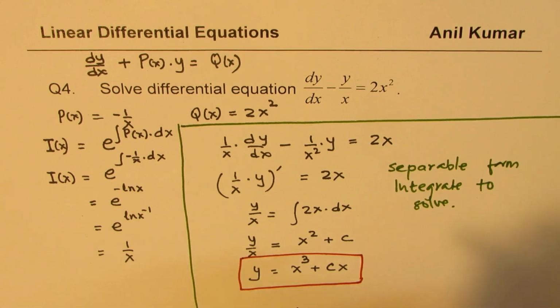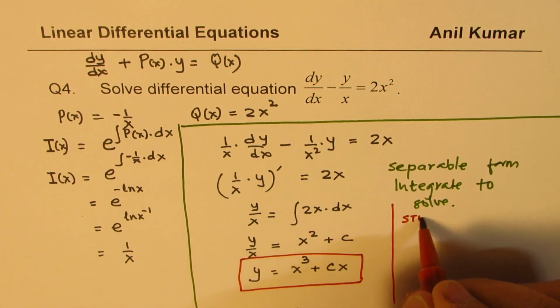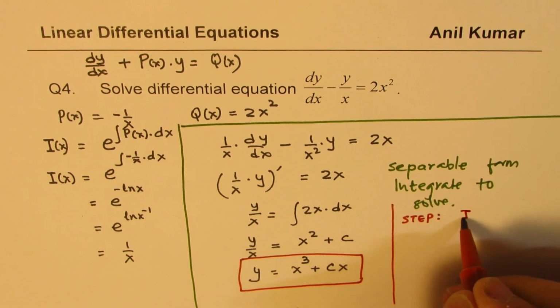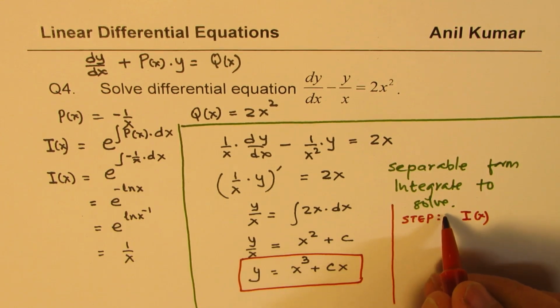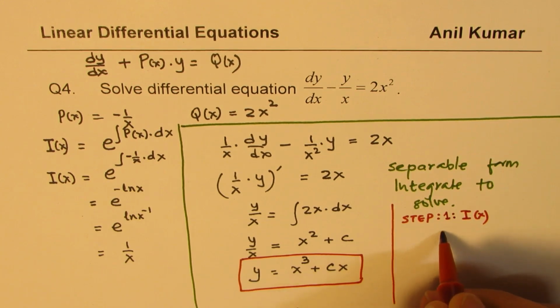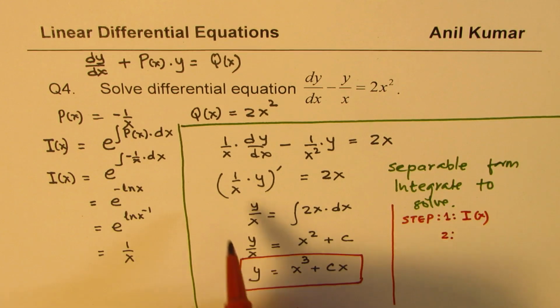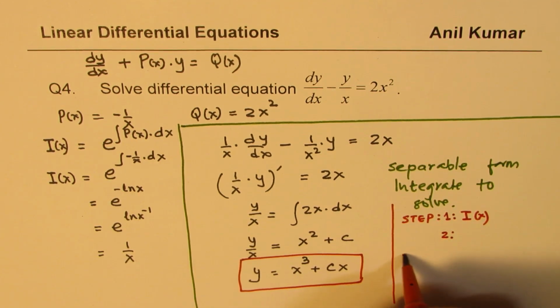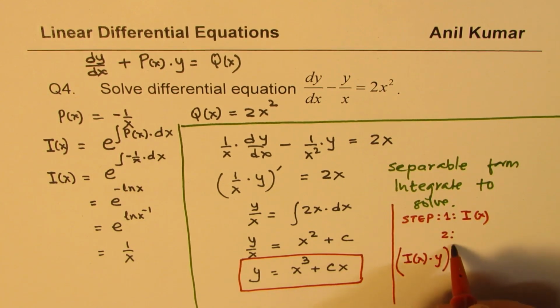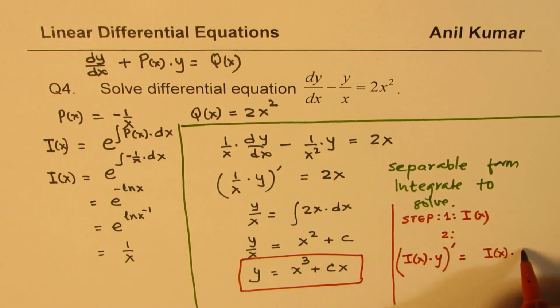So I hope the steps are absolutely clear, right? Step 1 for you is to find the integrating factor. That is the first step. Then step number 2 is to write it in this form. That is to say, we could write this as the integrating factor times the y derivative equal to the integrating factor times q of x.